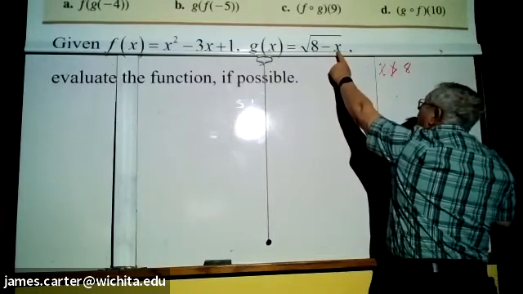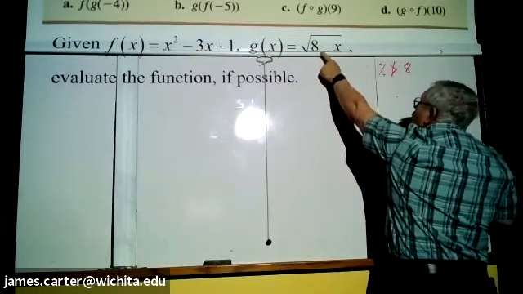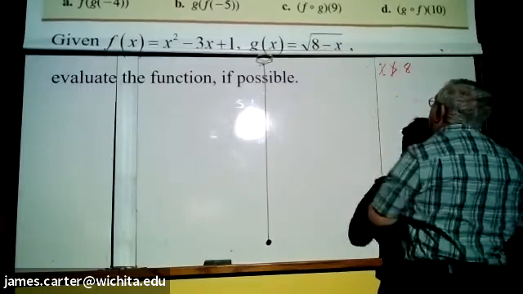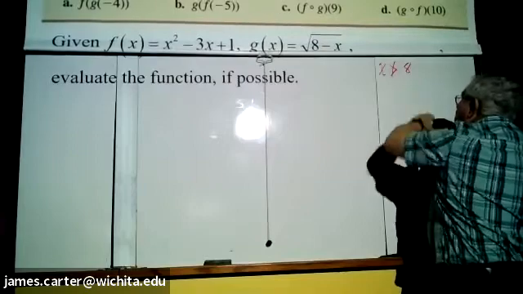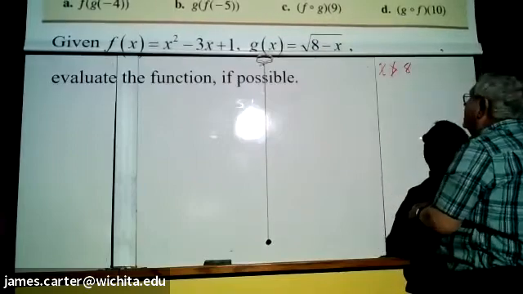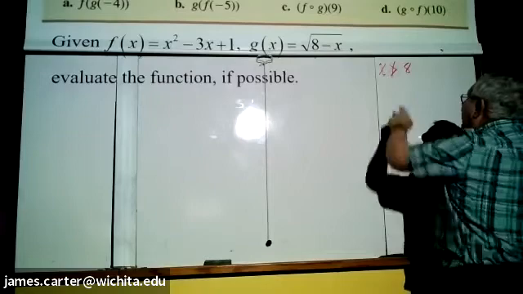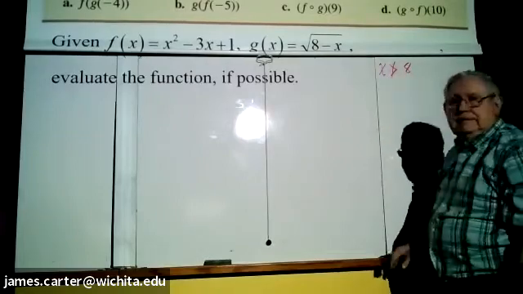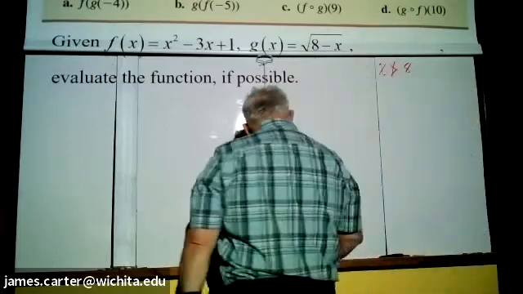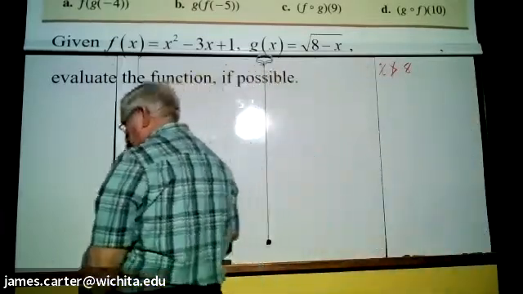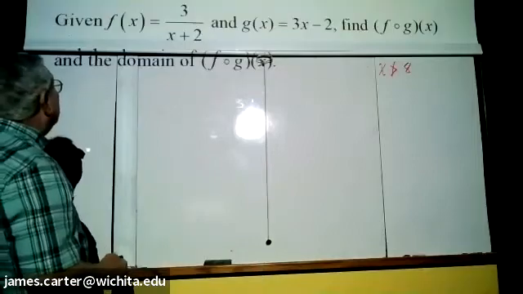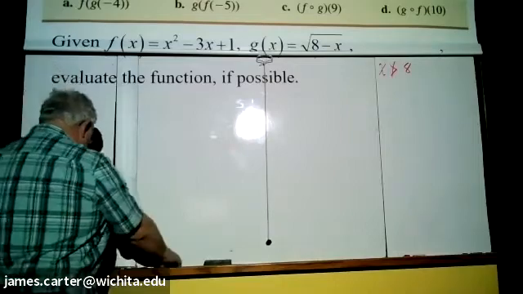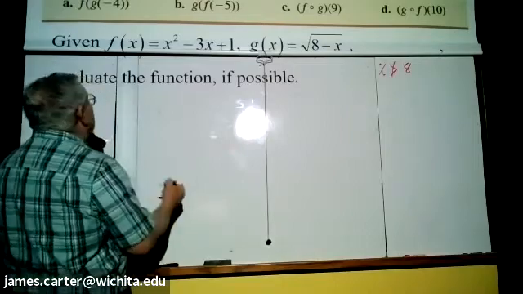If this is a 9, then you get a negative square root, an imaginary value. So we have to put this disclaimer in here that x can't be bigger than 8. Now we can go ahead and work this problem. Whoops. I gotta work this problem. Okay, we can do that.